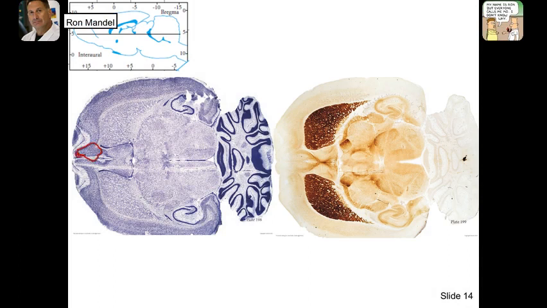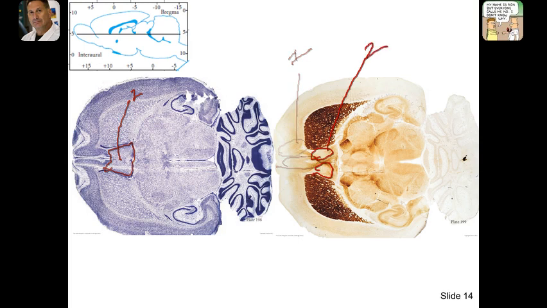All right, we have the cingulate cortex here. We have the fimbria. We have the caudate nucleus, also called the striatum.